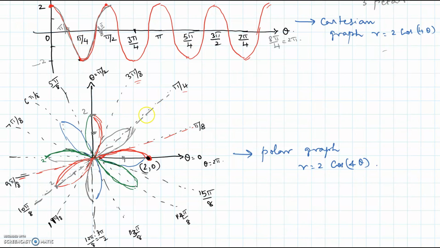Then from pi by 4 to 3 pi by 8, it comes back to 0, slowly increasing. From 3 pi by 8 to pi by 2, it goes to 2. That completes one cosine cycle. You repeat that for all the cycles up to 2 pi, and you get 8 petals the way it is shown in the graph. Hope this video helps.